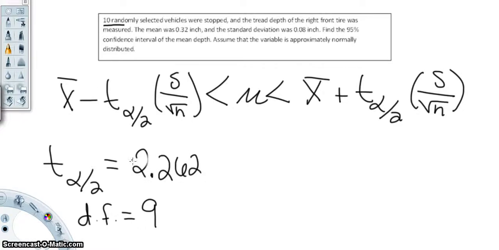2.262. We substitute this number into the formula along with the other numbers we have. So our x bar, our mean, was 0.32.